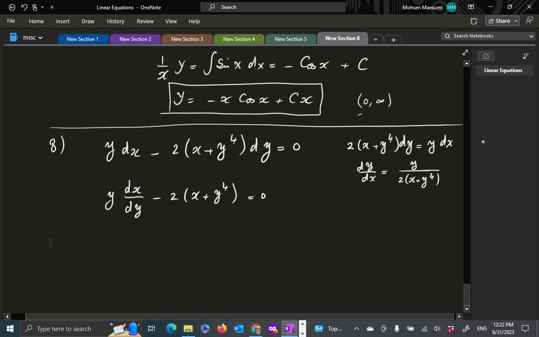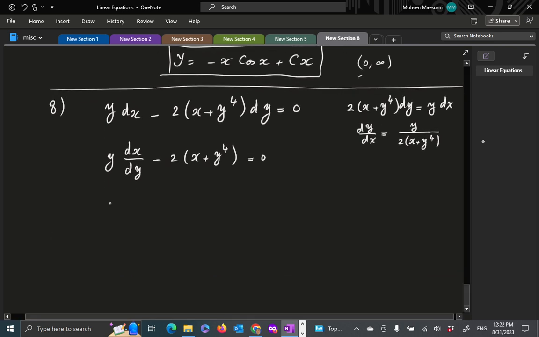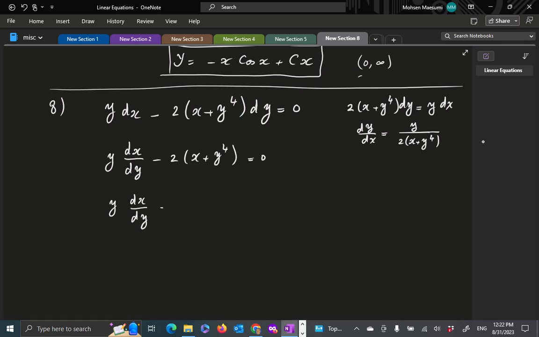If you still want more, y dx dy minus 2x is equal to 2y to the power of 4. So one equation, half a dozen different ways of writing it. Any of them could be our starting point.